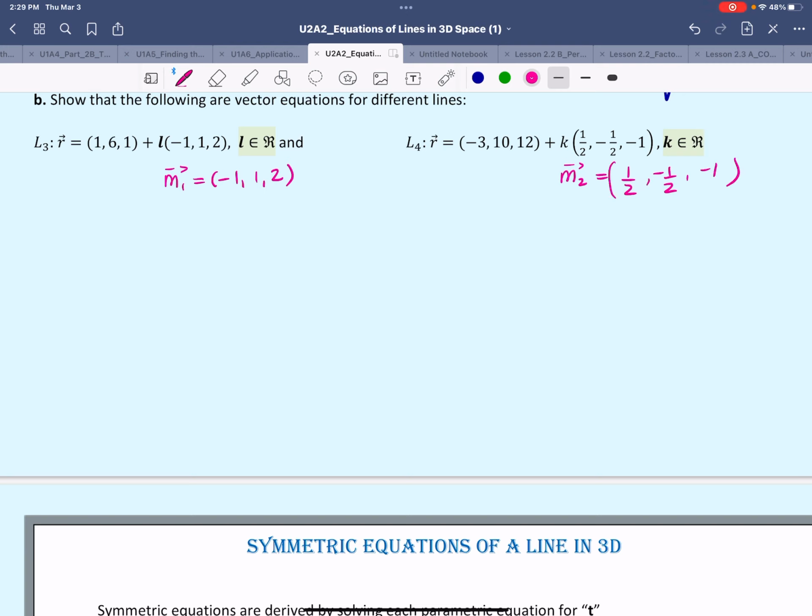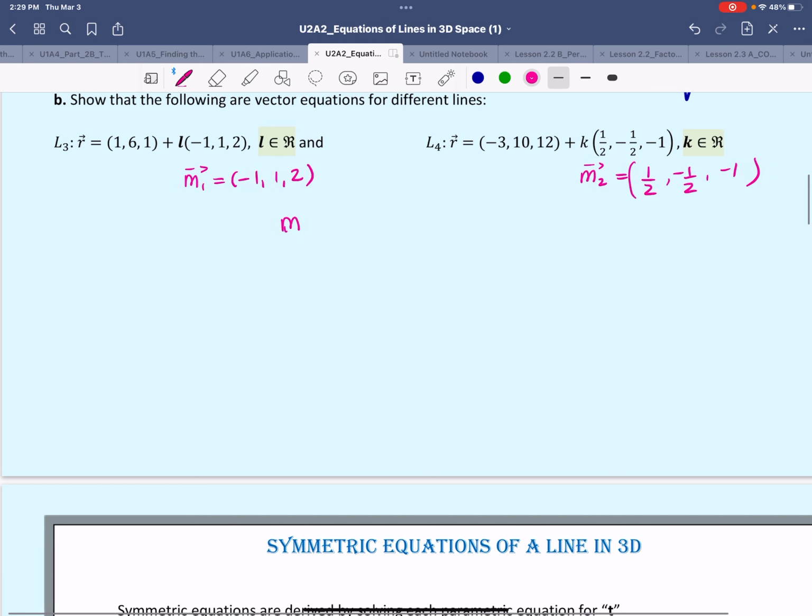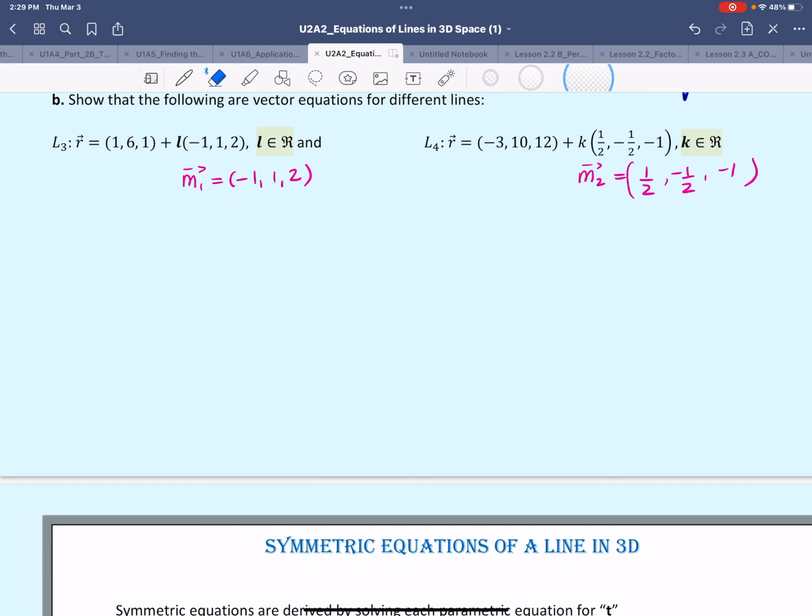So we'll compare the direction vectors, and we'll say that M1 over M2 would be equal to (-1, 1, 2) over (1/2, -1/2, -1).